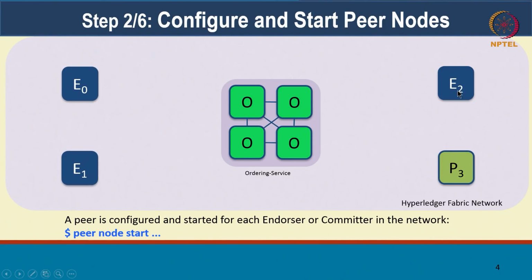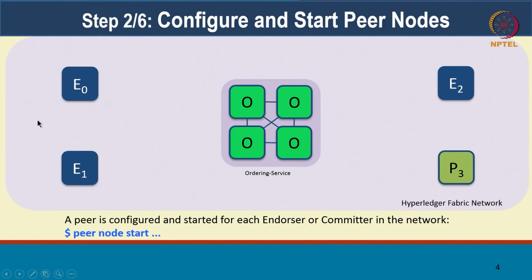And likewise for the peers, each of these peers and their respective organizations have their identities, with an MSP and provided by a certificate authority. So each of these peers have to be brought up. Again, there are simple CLI commands and SDK commands that you can use to bring these services up.